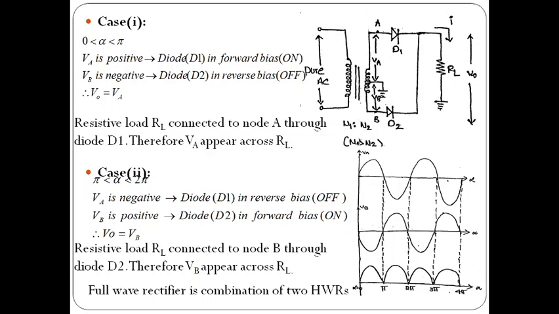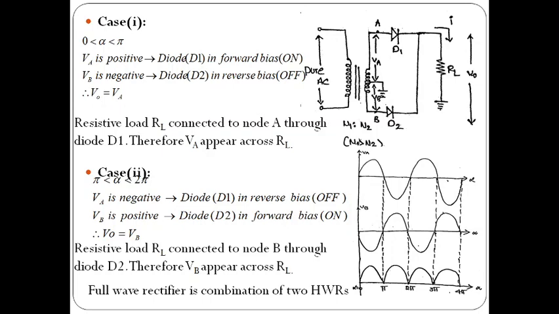Now we are using two diodes, D1 and D2, and one center tap transformer. The two diode anodes are connected to point A and point B of the transformer secondary winding, and the load resistor is connected to the cathodes of diodes D1 and D2.